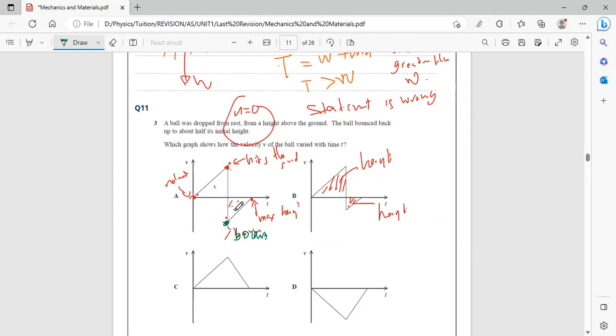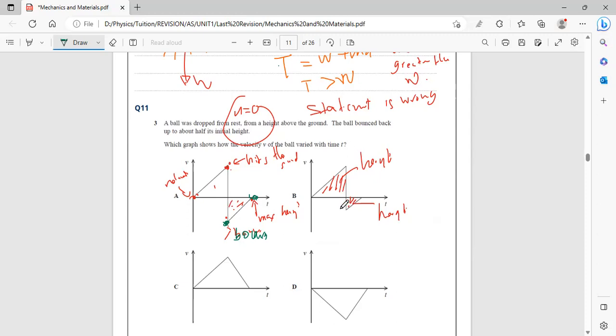When it bounces, velocity changes, right? So if the velocity of the ball when it hits the ground is positive, as it bounces, the velocity must be negative. So velocity becomes 0 again at the maximum height.